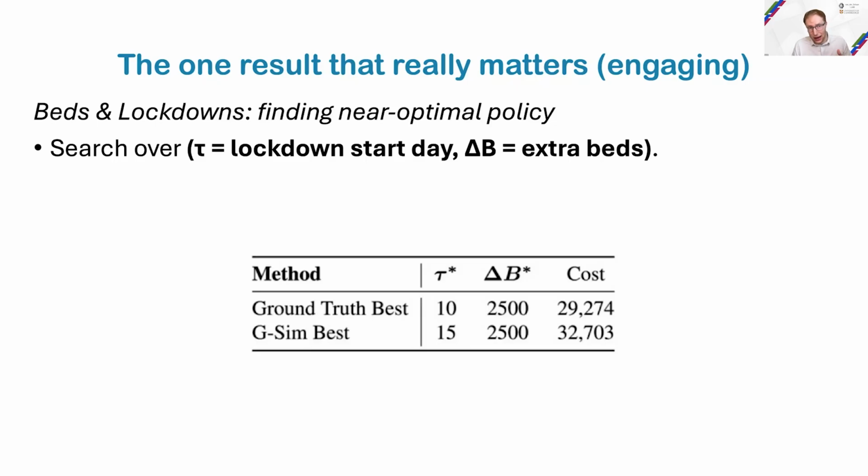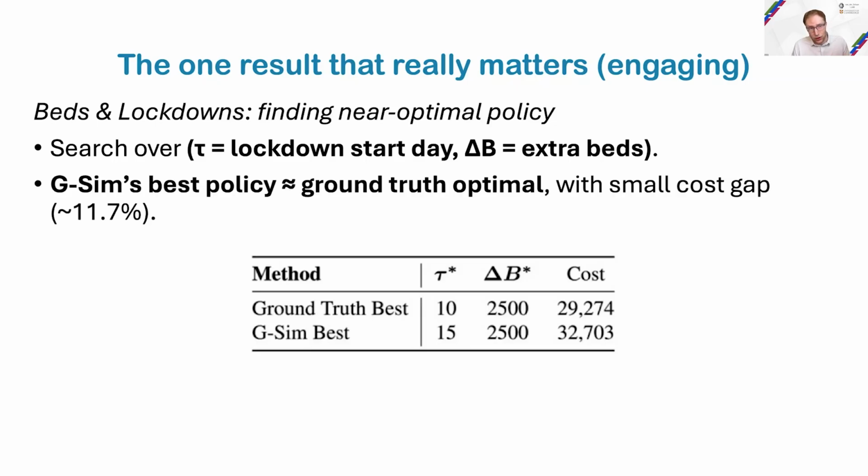We can say lockdown starting day or extra beds, and test GSIM's best policy against the ground truth optimal, where we use the true simulator, which was known. We can see that the LM has proposed a very accurate model, and we've been able to fit this to the data. And this models quite a few different stochastic events, which are discrete throughout, which is quite a nice achievement.